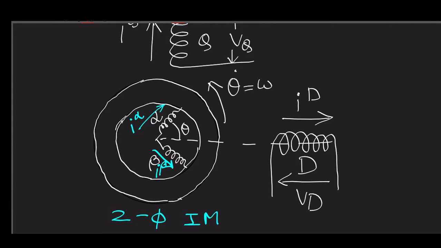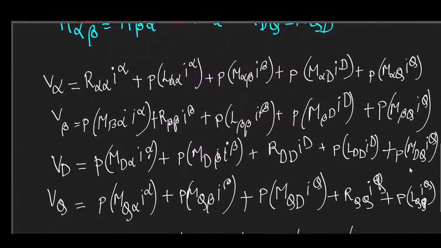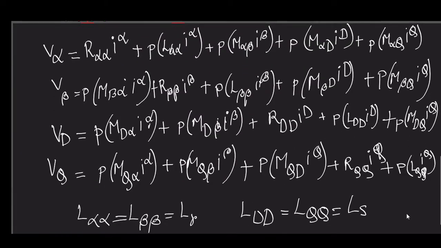So, what conclusion can we draw? The same conclusion is true for our rotor windings also, that all these mutual inductances are zero. That means between two phases, mutual inductances are zero. So what are the terms we can drop here?